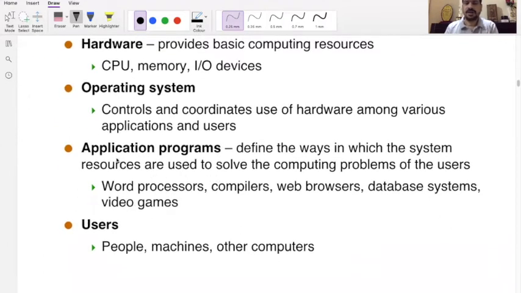The next component of your computer system is the application program. It defines the way in which the system resources are used to solve the computing problem of the user. So we have different application programs, like a word processor, for example if you install Microsoft Office 365, or Microsoft Office 2018, 2019, whatever the latest version is.